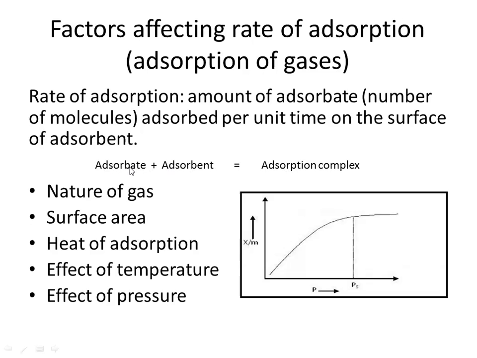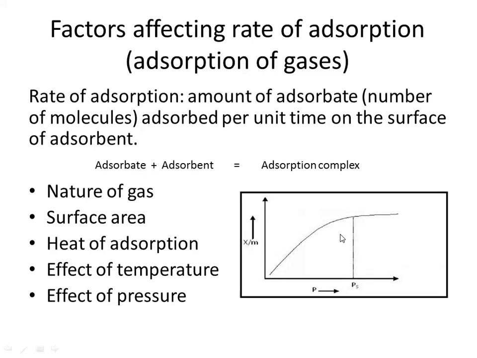Here I have shown a simple reaction: adsorbate plus adsorbent. The adsorbate is what is going to adsorb; it may be a liquid or a gas. The adsorbent is the solid surface. When both come together, they form the adsorption complex.